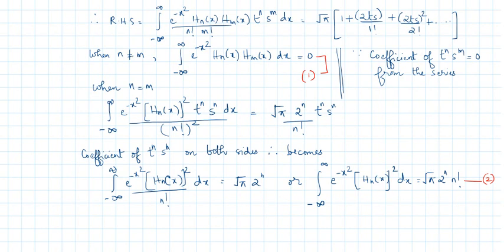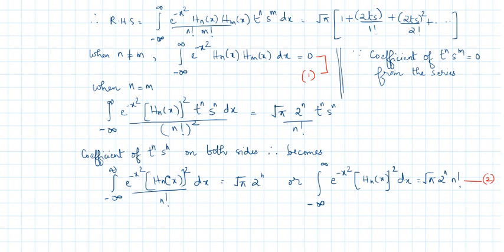If you look at this series, there is no such term where the power of t and power of s differs. So the coefficient of t raised to n s raised to m would be 0 from this side.